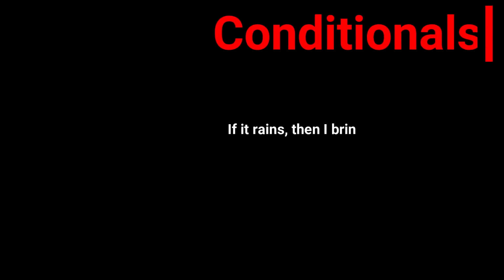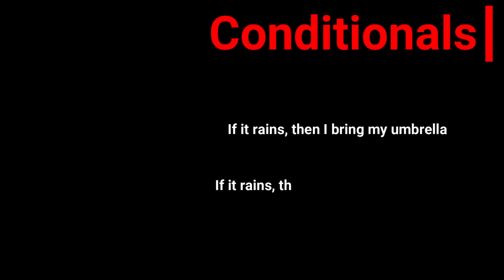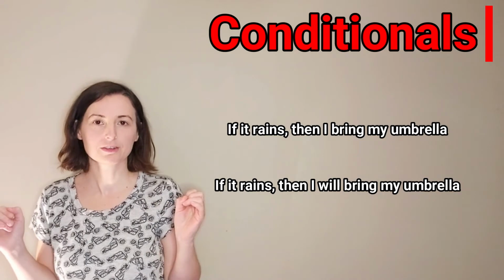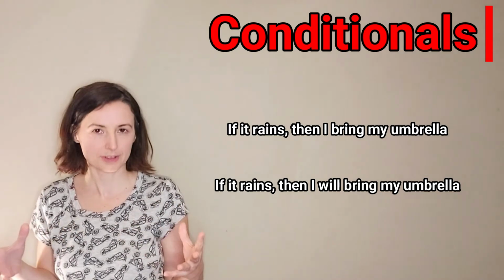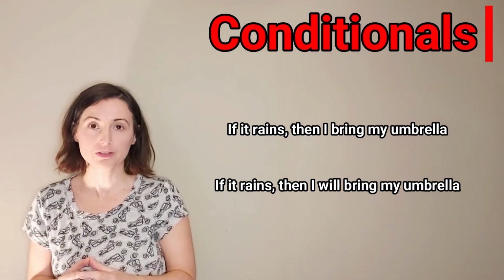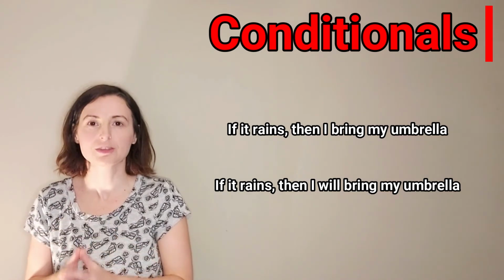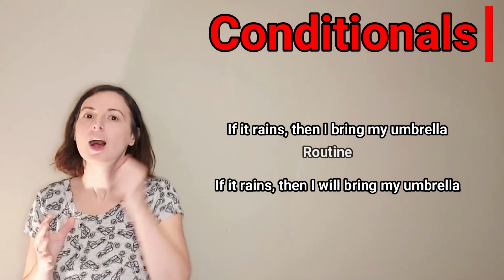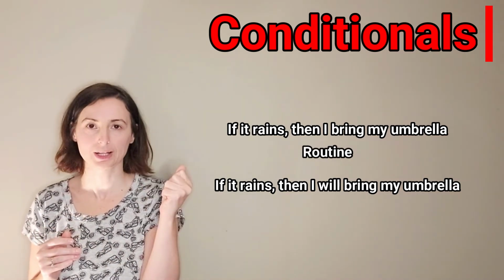If it rains, then I bring my umbrella. If it rains, then I will bring my umbrella. So first of all, both of these sentences are grammatical. So what's the difference? In the first example, I use a zero conditional because I want to express the real routine that every time it rains, I have my umbrella.